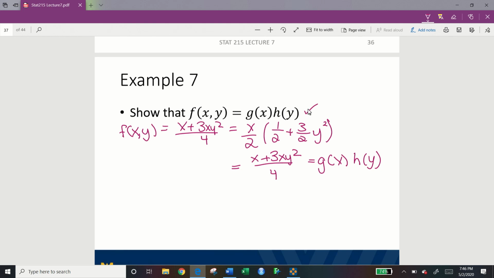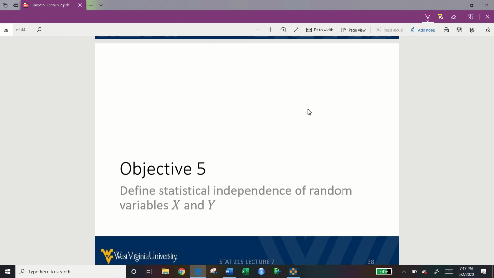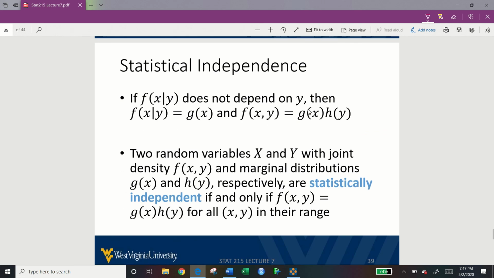Very good. But why did I ask you to do this? Well, as I alluded to, this has something to do with our 5th objective, to define statistical independence of random variables x and y. So, if f of x given y does not depend on y, then f of x given y equals g of x, and f of x comma y equals g of x multiplied by h of y. So really what we did in our last example problem was prove the independence of f of x given y.